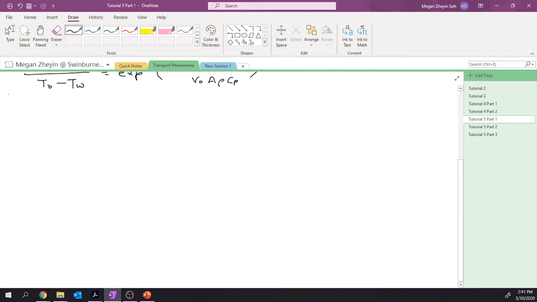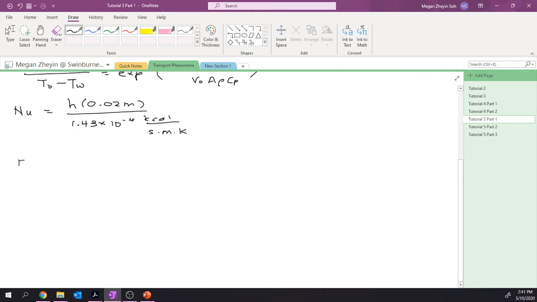Now, we can write down the equation for the Nusselt number first, which is h multiplied by the diameter, which is 2R, and R is 0.01, so the diameter is 0.02 meter, divided by 1.43 times 10 to the power of negative 4 kilocal per second meter Kelvin.